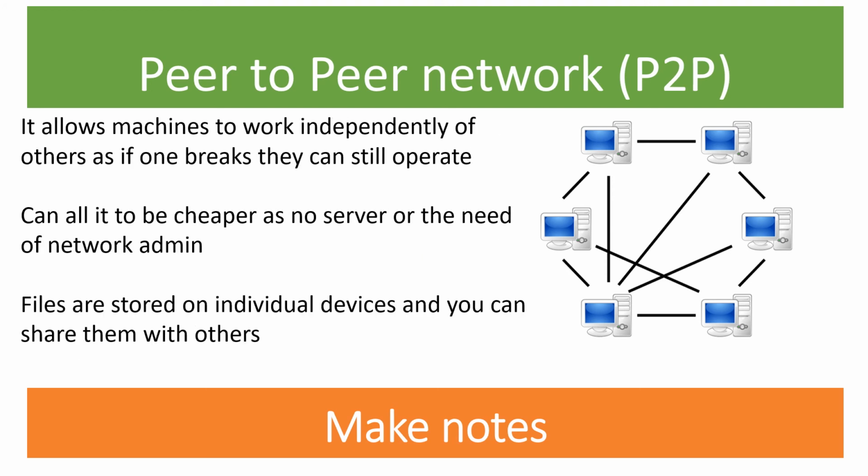Because each node has an equal status, this means that each computer can work independently from each other. So if one computer breaks, all the other computers can carry on working. Remember that a key issue with a client-server model was if the server breaks, then the network is really going to be grinding to a halt.